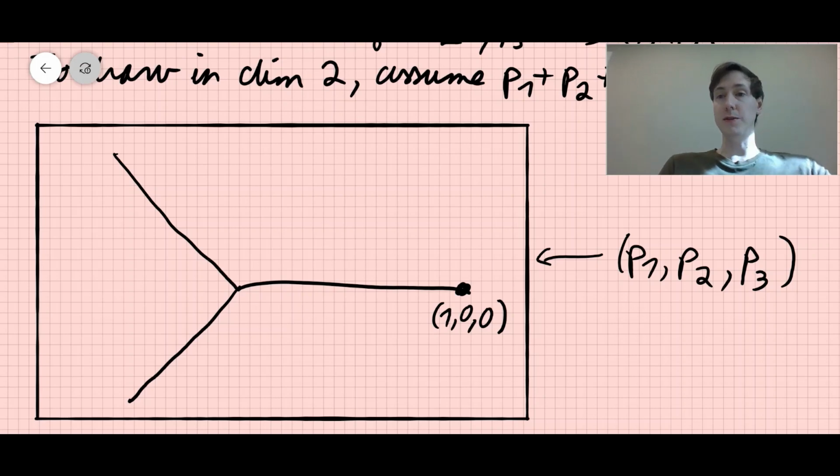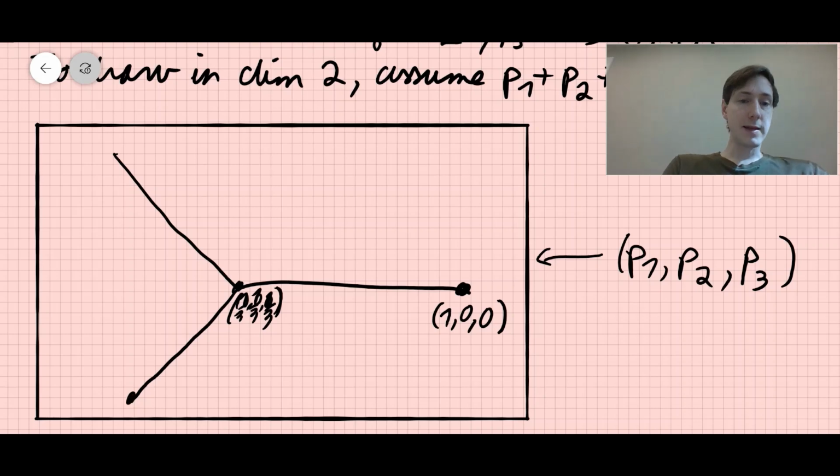So along this direction, action 1 is the best, becoming better and better. Here at the center, we have (1/3, 1/3, 1/3). At the center, everybody is equal, and since the sum is equal to 1, they are all equal to 1/3. Here is the point (0, 1, 0), and here is the point (0, 0, 1).